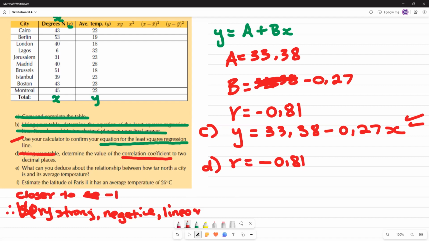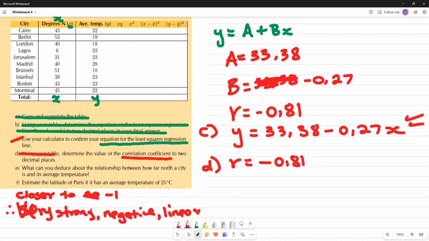This means that the data set is basically indirectly proportional. When one data set goes up, the other one goes down. In this case, as the temperature increases, right?